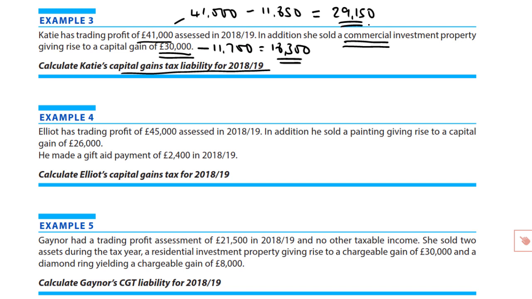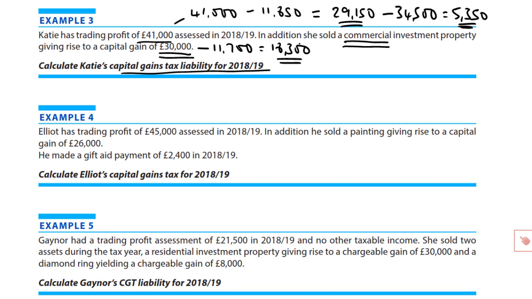Well, if you've got 29,150 and you've got a basic rate band limit of 34,500, take away from it 29,150, and we're looking at £5,350, I think there, of remaining basic rate band.